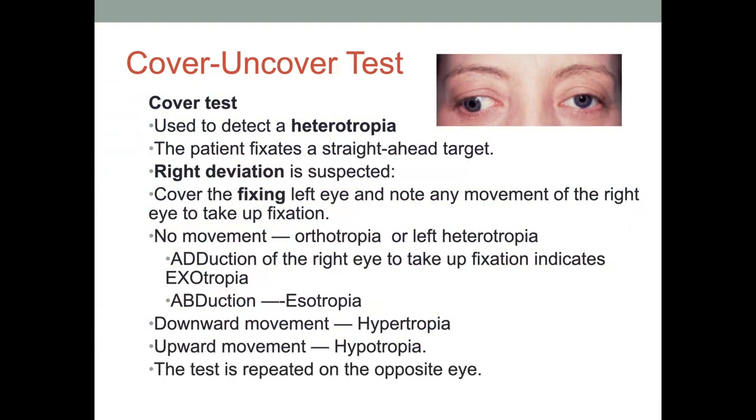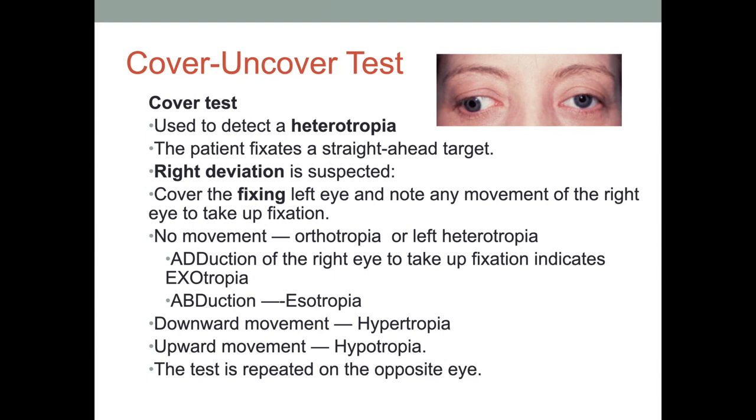We're going to talk about the cover test and then the uncover test. So the cover test is used to detect a heterotropia, which we said is a manifest squint. You can actually see that squint. You ask the patient to fixate on a straight ahead target, and you suspect, as in this patient, that the right eye is the eye that's deviated.